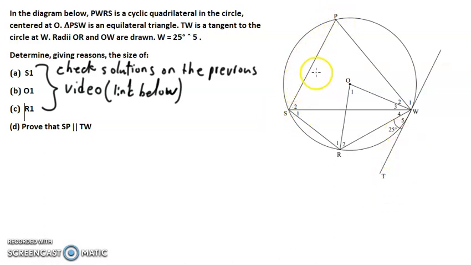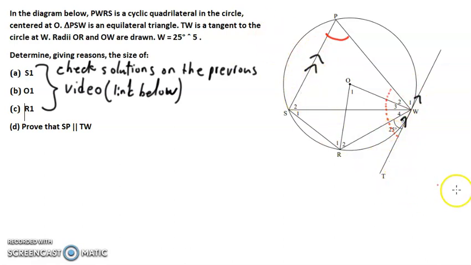To prove that SP is parallel to TW, we have to prove that, for example, let me choose two angles here. If we can prove that this angle here and these angles here, when added together, their sum is equal to 180 degrees, that would prove that SP and TW are parallel.